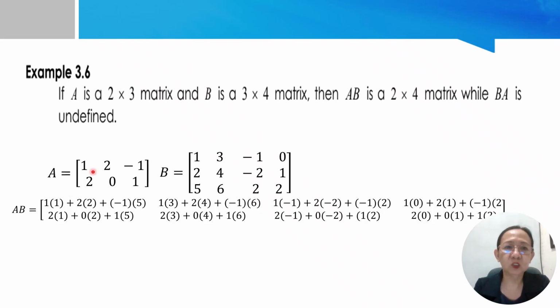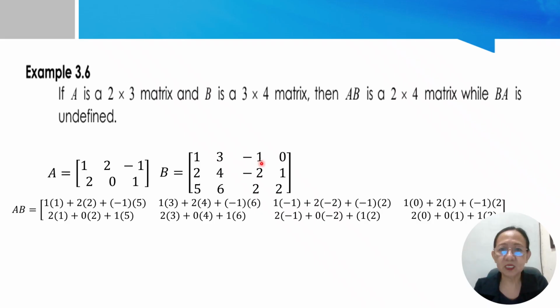So we have here, to simplify, 1 times 1. All the first row will be multiplied to each of the columns. So 1 times 1 plus 2 times 2 plus negative 1 times 5 for the first column. Then 1 times 3 plus 2 times 4 plus negative 1 times 6, using now the second column.